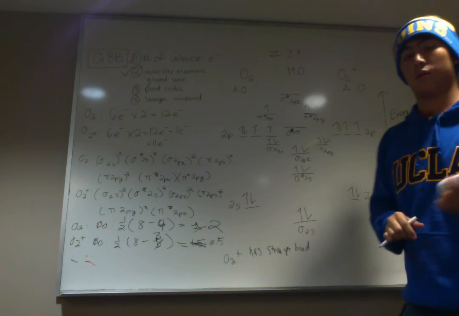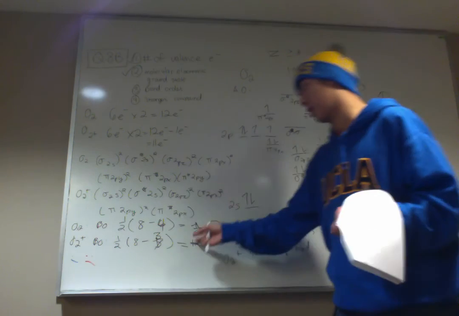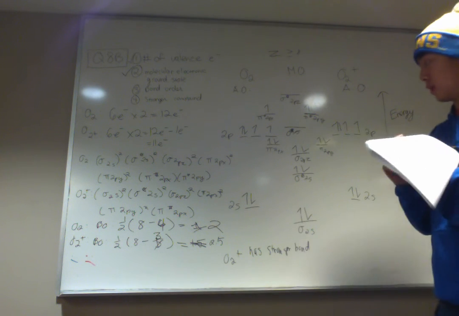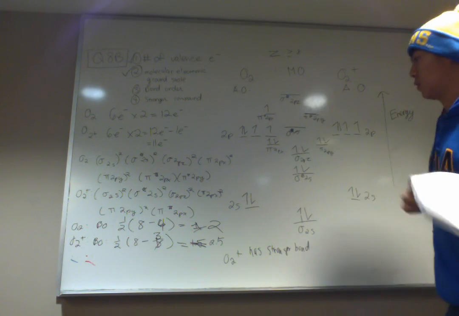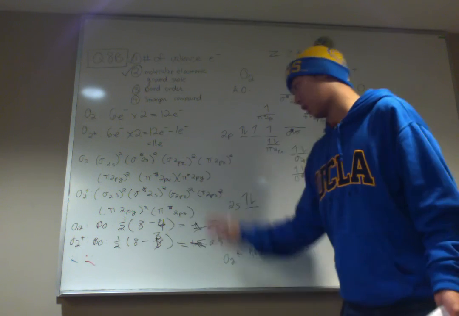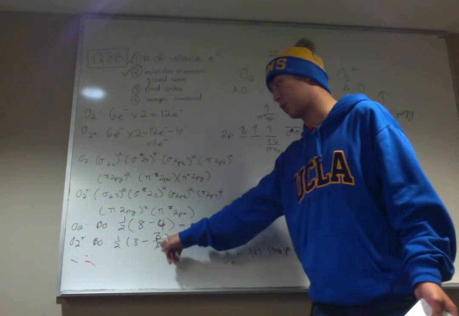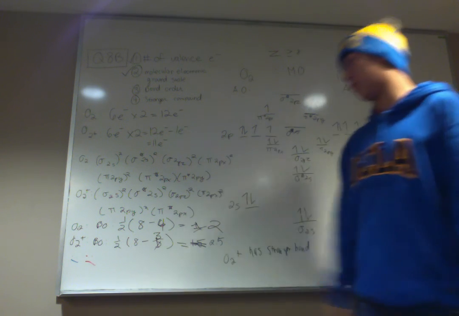After doing that calculation, that gives you 2. For O2 plus, remember how we lost an electron? Everything stays the same except the number of antibonded electrons, which now reduces to 3. So 1/2 times 8 minus 3 gives you 2.5.